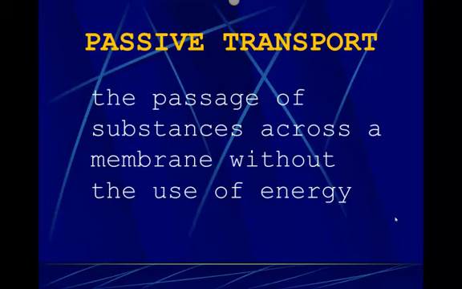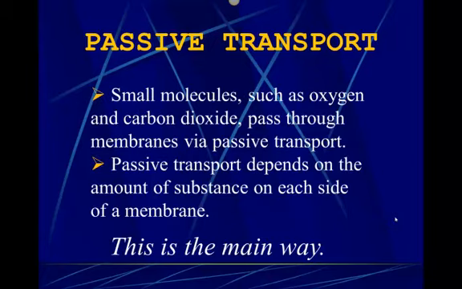Now if you think about it, what process would be used most often by cells? Would it be passively or actively? Would it have to use energy or not use energy? Well, praise the Lord, it's without. Because imagine, you've got trillions of cells all needing oxygen, all needing to get rid of their cell waste, needing food particles and so forth.